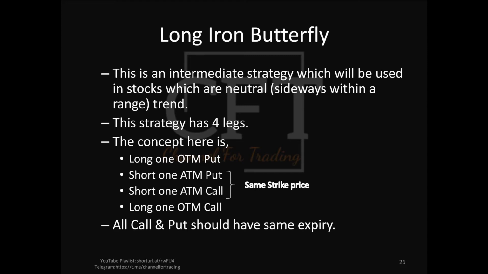Keep in mind the shorting of ATM PE and ATM CE should have the same strike price, and all these should have the same interval of strike price. That means the OTM PE for long and short should have a fixed range in between in choosing all these. And all these calls and puts should have the same expiry. So that defines long iron butterfly.